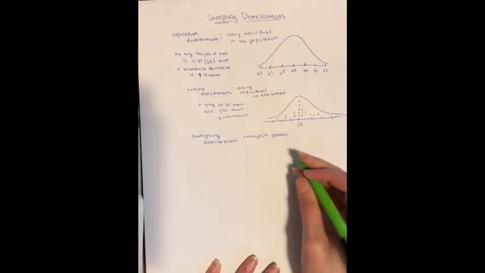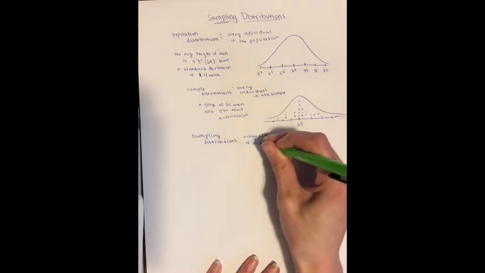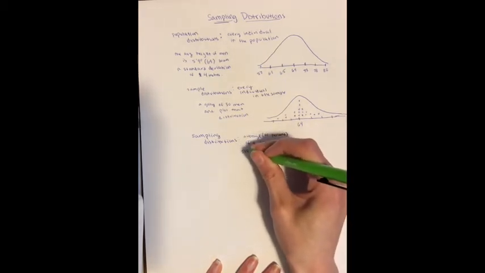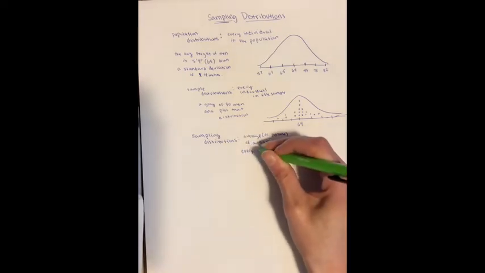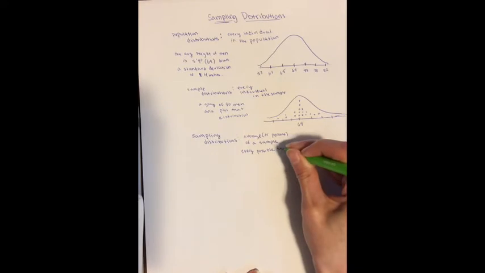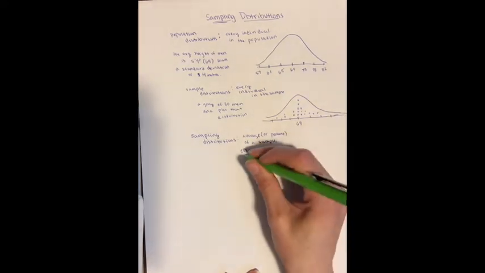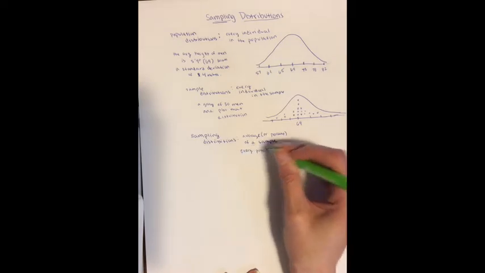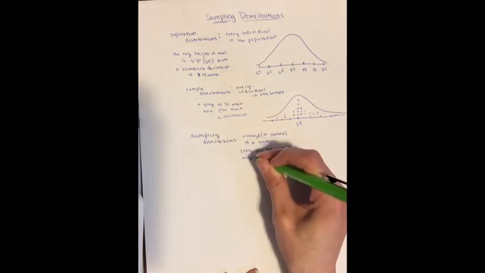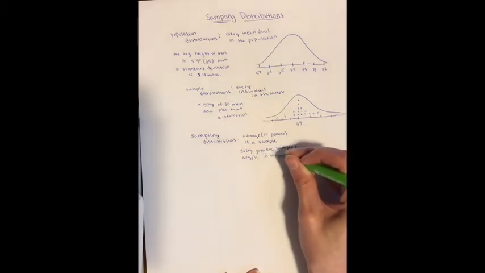It's going to be some statistic, the average or the percent of a sample, and then every possible sample average or percent in the population is on this curve.